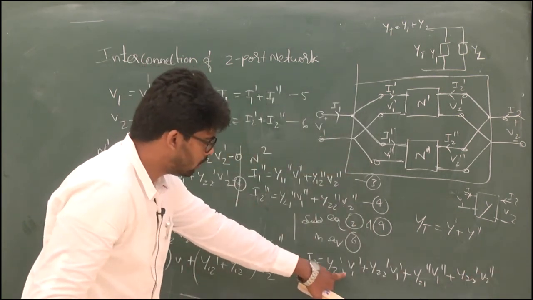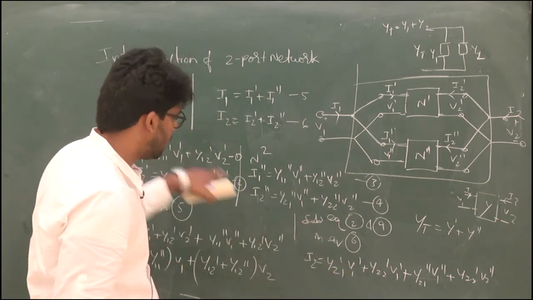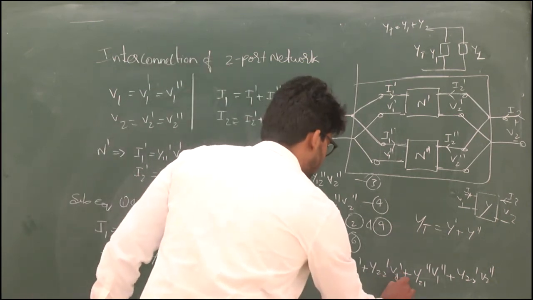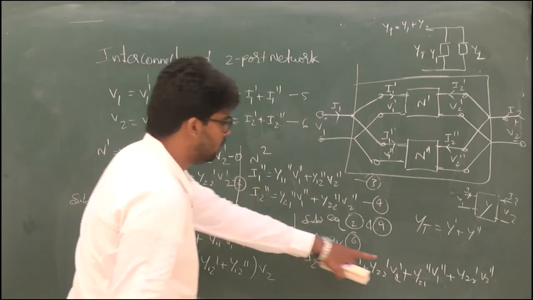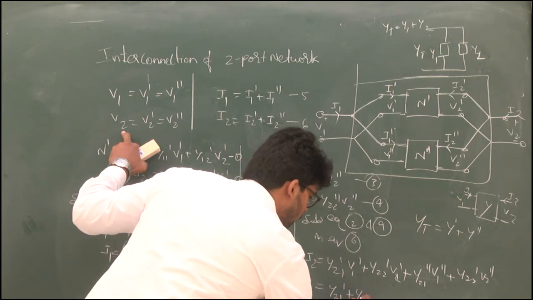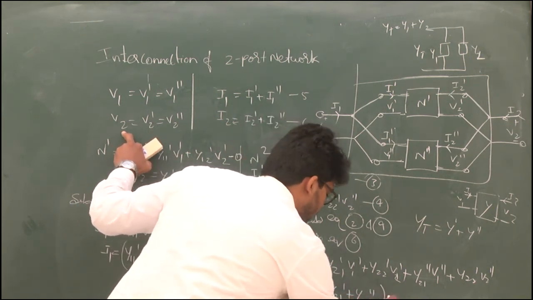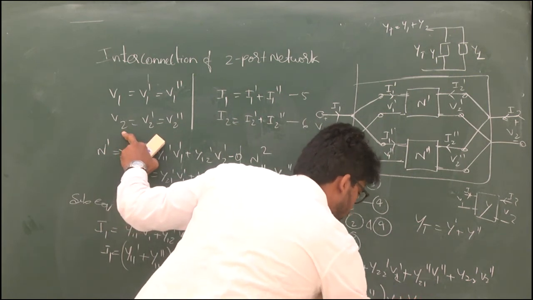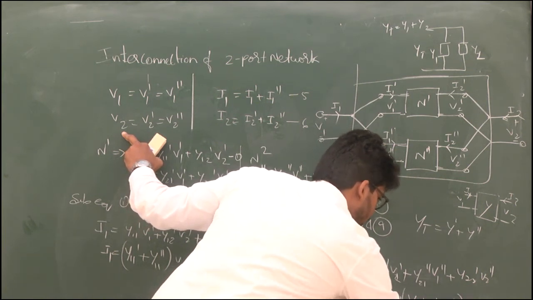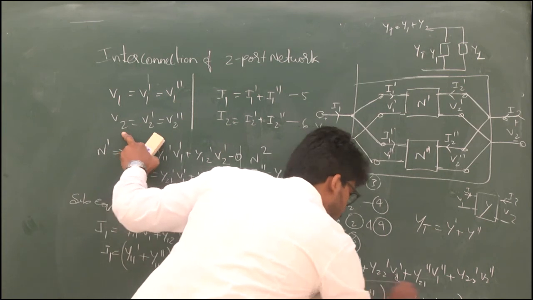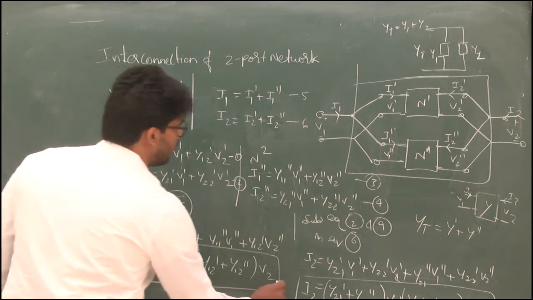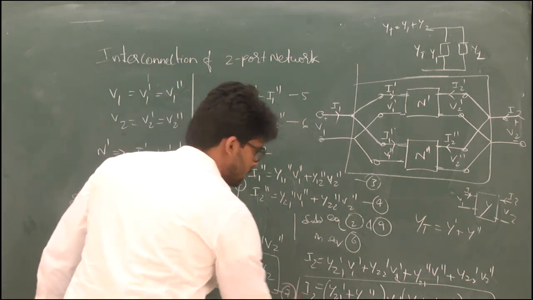Now our job is to substitute V1 dash and V1 double dash with V1, and V2 dash and V2 double dash with V2. Therefore, after solving, we get (Y21 dash plus Y21 double dash) into V1 plus (Y22 dash plus Y22 double dash) into V2. This is the I2 equation. Let us say this is 7 and this is 8.